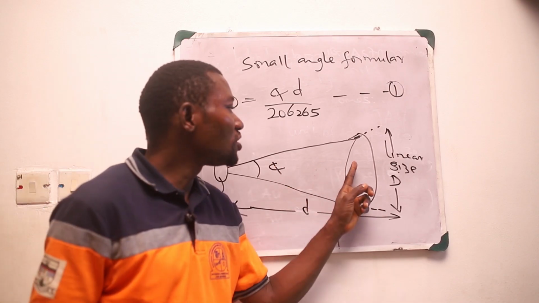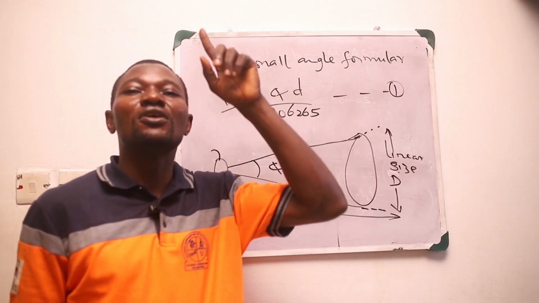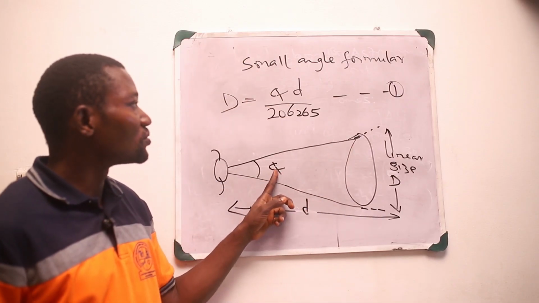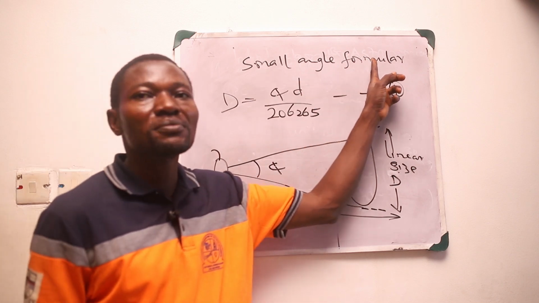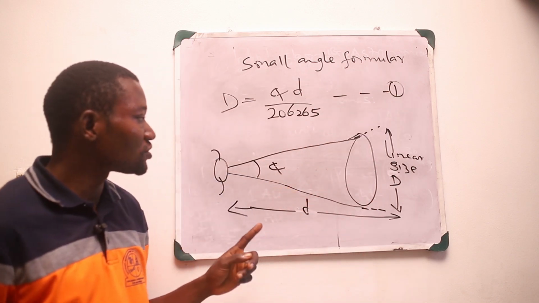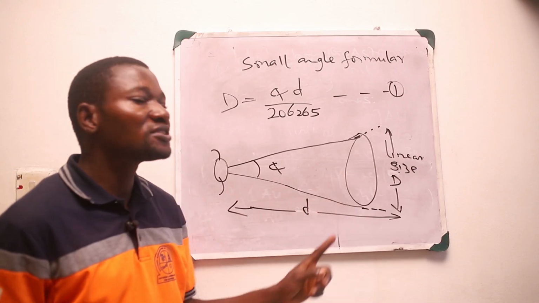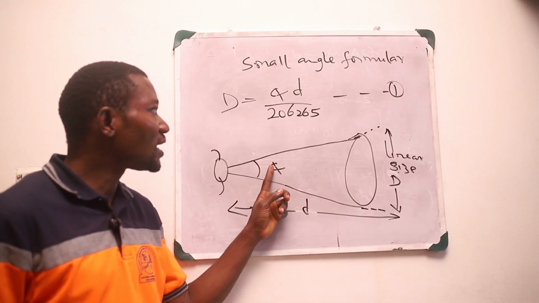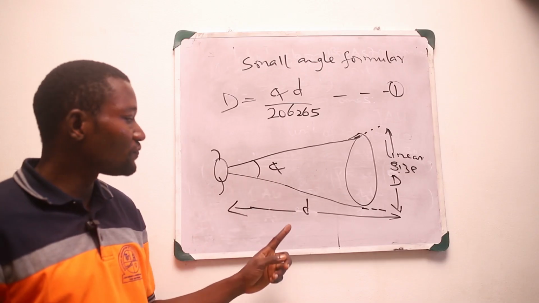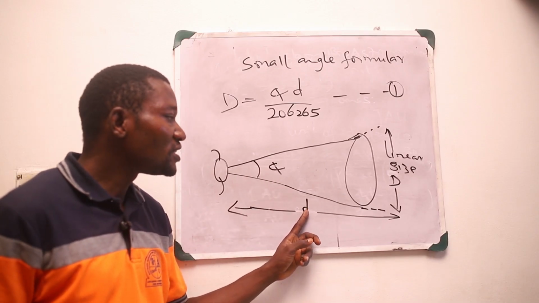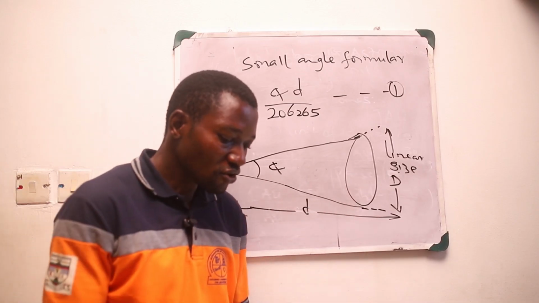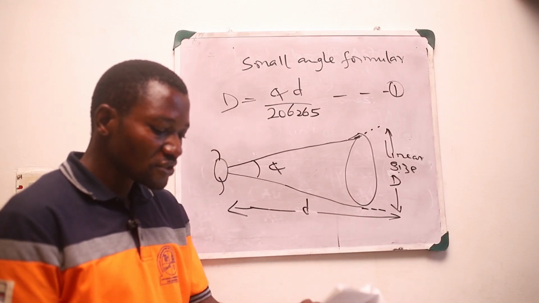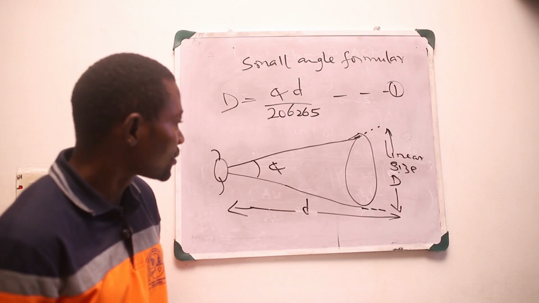So in viewing a plane, one has to look up at a given angle. So we call this equation the small angle formula, and it gives us information about the size of an object in relation to the angle at which it is viewed, and also to the distance from the observer to the object.